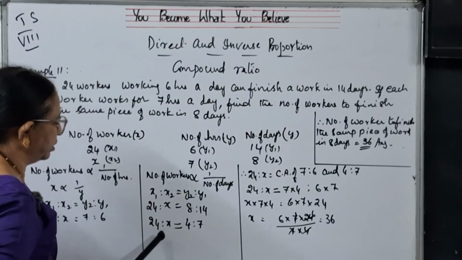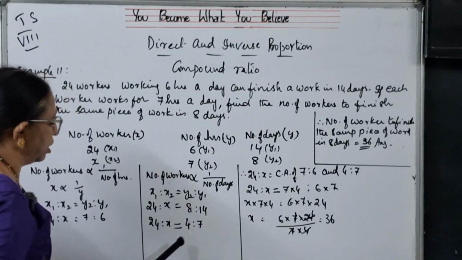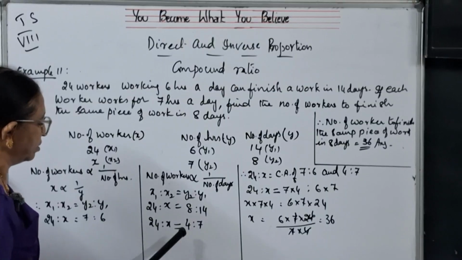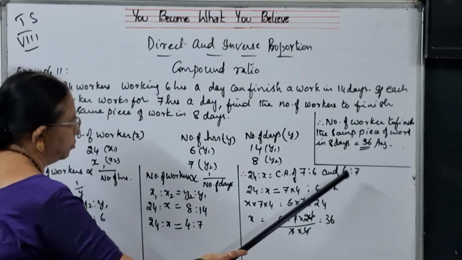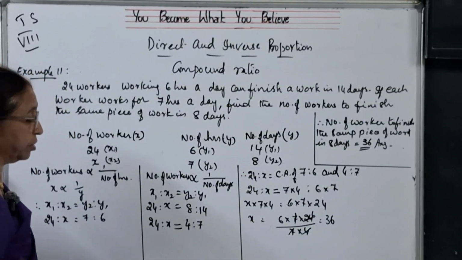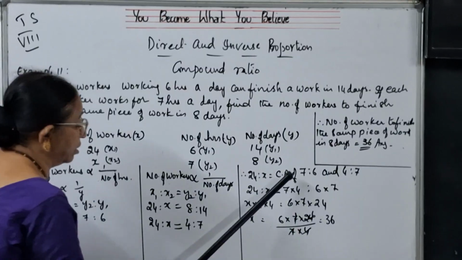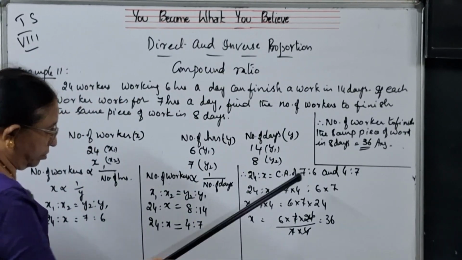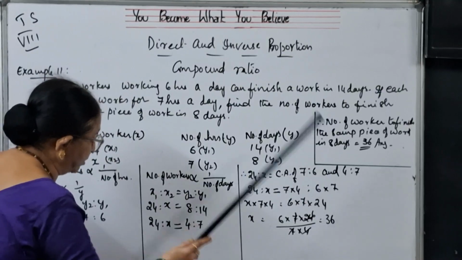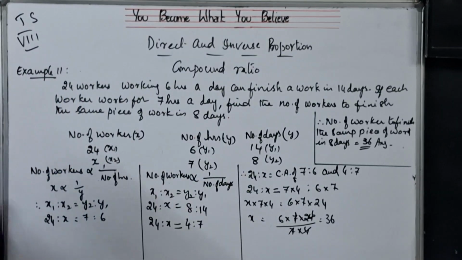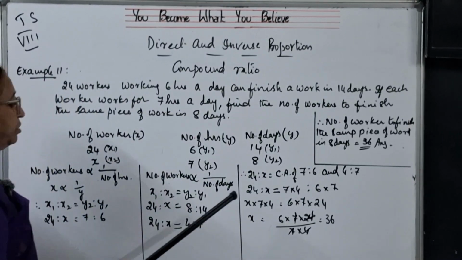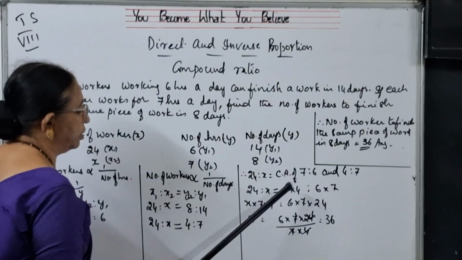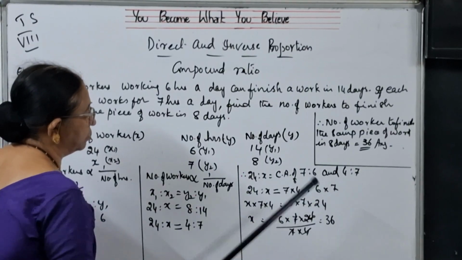Now we know that 24 is to x is equal to the compound ratio of 7 is to 6 and 4 is to 7. Product of antecedents is to product of consequents. So 24 is to x is equal to 7 into 4 is to 6 into 7.